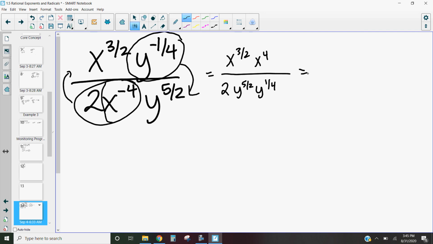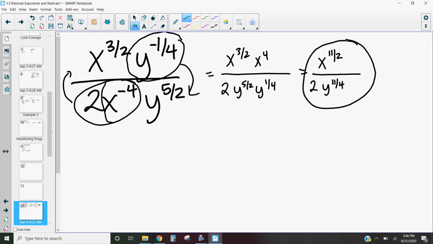And then we can just add those exponents using that property, and we will end up getting on top x to the 11/2 over 2 times y to the 11/4. So that's what we would end up getting there. Simple, just like we did before, but we're simplifying that.